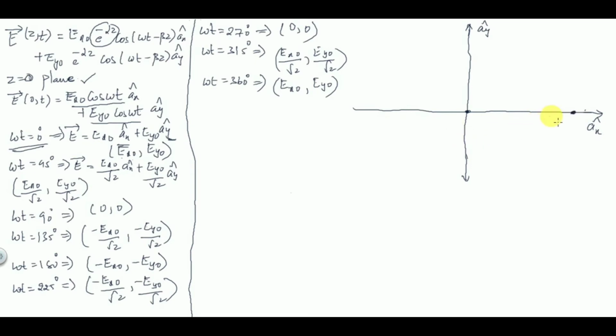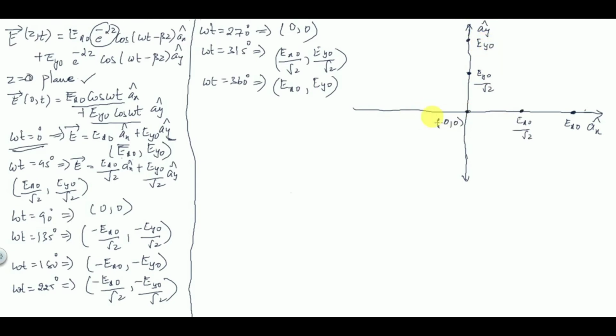So this is the origin 0 comma 0, and we have Ex naught by root 2, and this is Ex naught I am taking, and we have Ey naught by root 2, and this is Ey naught I am taking.